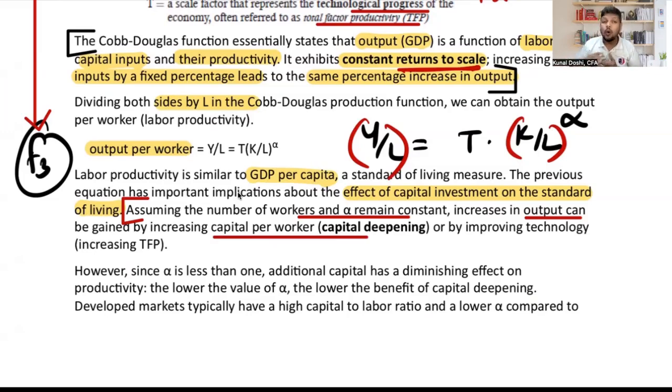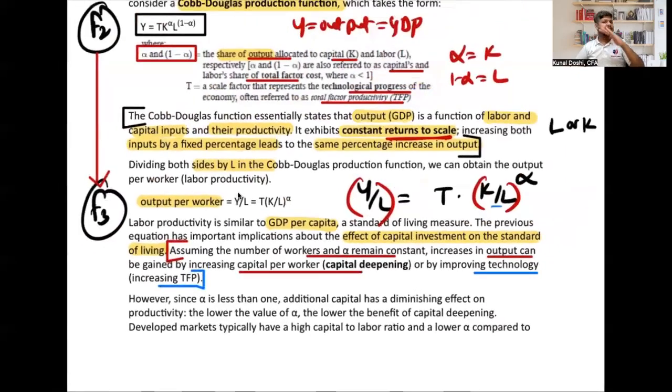So guys, when I want to increase the GDP and the labor is fixed, the only way I can do that is by increasing capital per worker. Or, as I told you, the other way is by improving technology, that is TFP. So whenever I increase GDP at the same amount of labor using capital, that is called capital deepening, or using technology, that's called TFP.